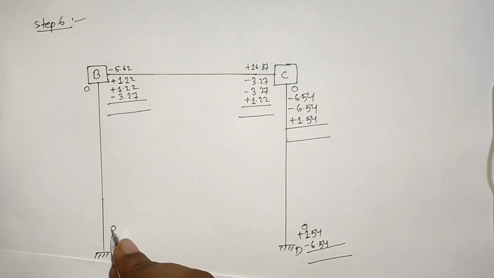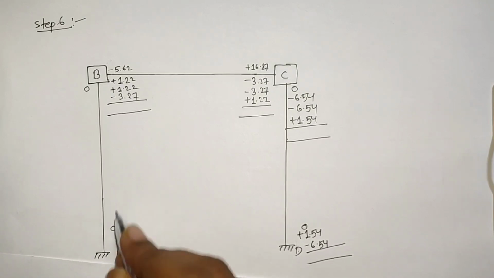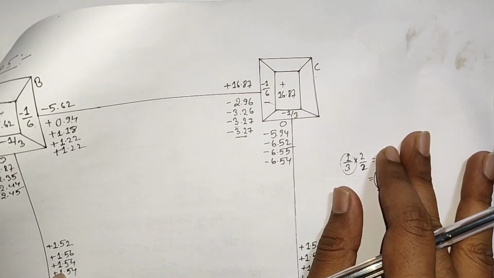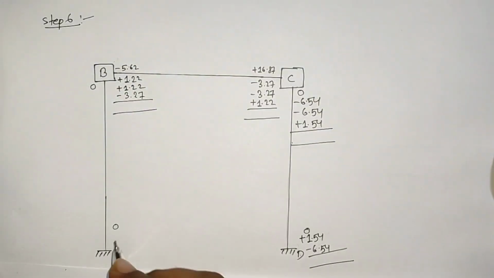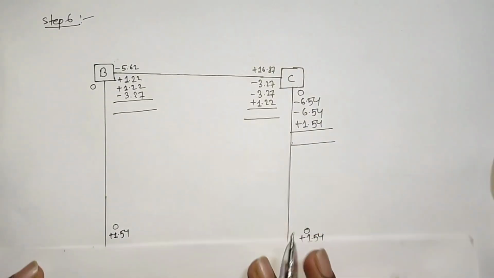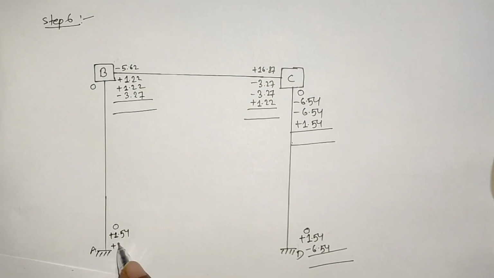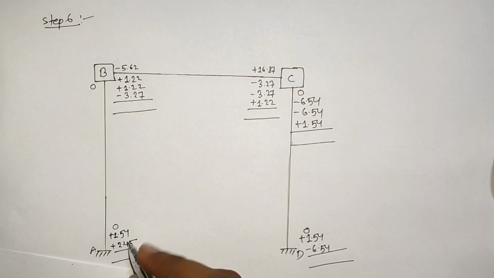Fixed moment is 0. Now the moment at the nearer end is 1.54, taken once only, and the moment at the farther end means the BA span, which is 2.45, so positive 2.45 once only. We will get the final answer.